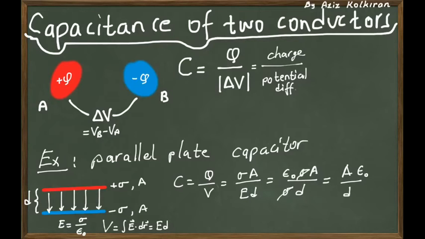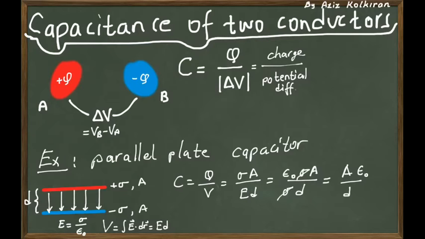You get more charges with a larger surface area. So the capacitance is proportional to A. But it is inversely proportional to the distance between these two plates. If you keep the distance smaller, if you bring these two plates closer to each other, they have more capability of holding charges.